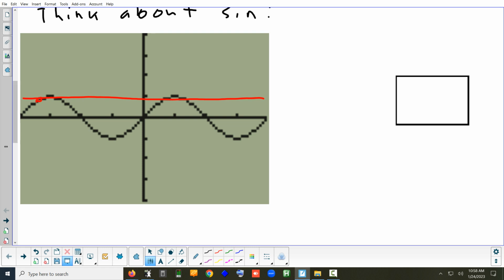So you could get one here, one here, one here, one here. You could get an infinite amount of answers when you do inverse sine if you don't limit where you're looking. That's why we limit where we're looking. So it narrows down how many answers we get to one instead of infinitely many.